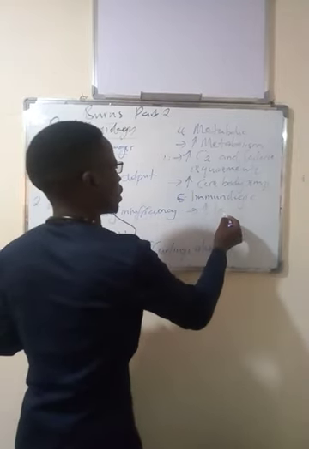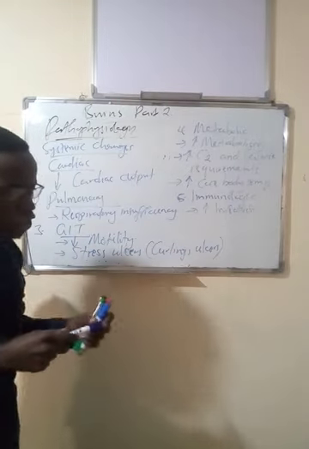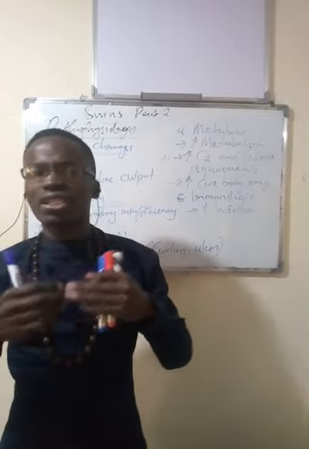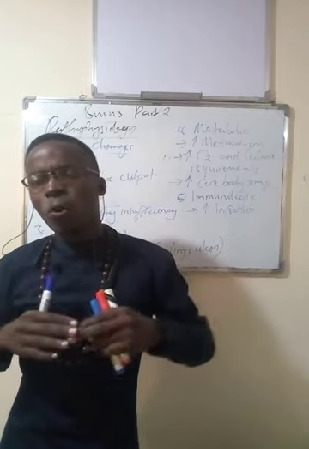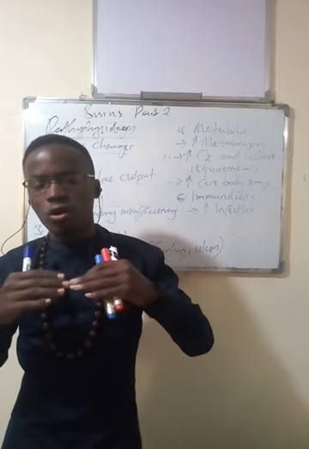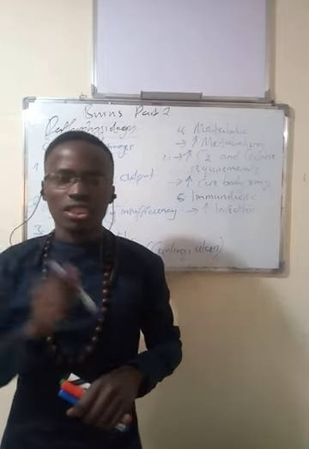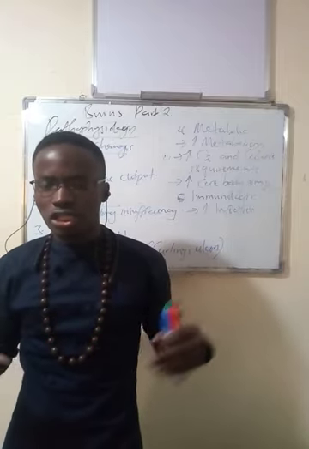It's because remember, the skin is the first line of defense. Okay, that is the first line of defense. Now, when there is that discontinuity in the integrity of the skin due to these burns, what is going to happen is that infections can go into the body through that discontinuity.